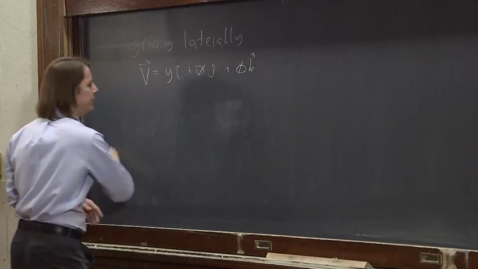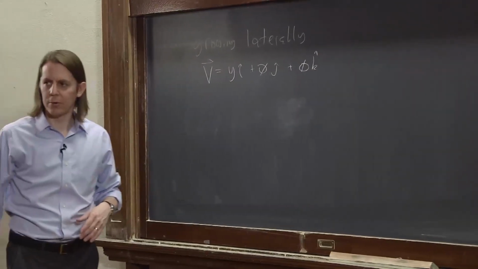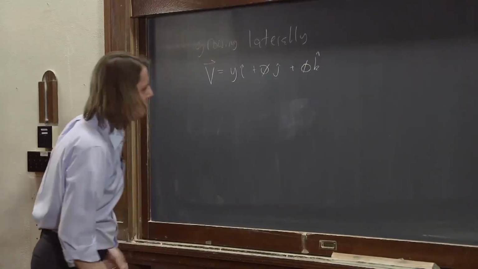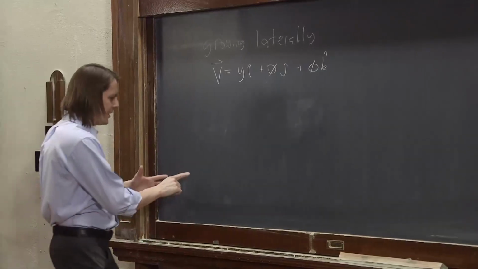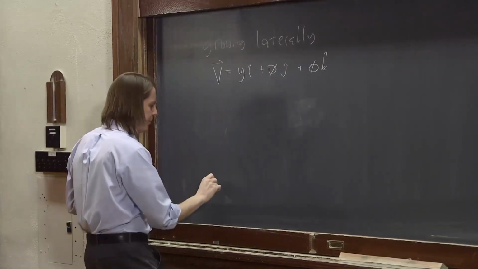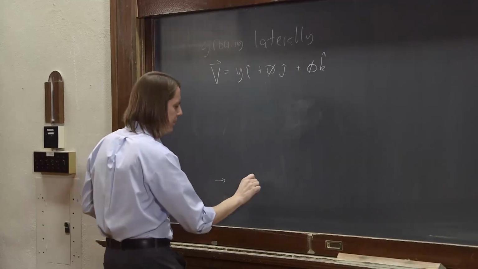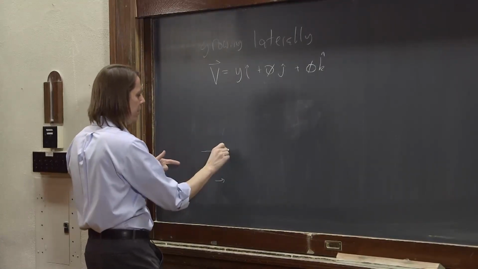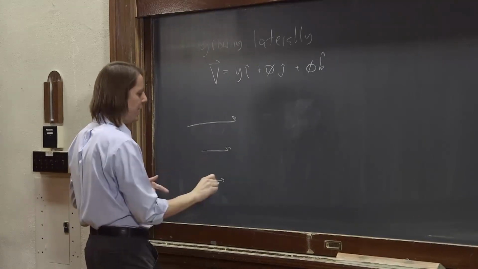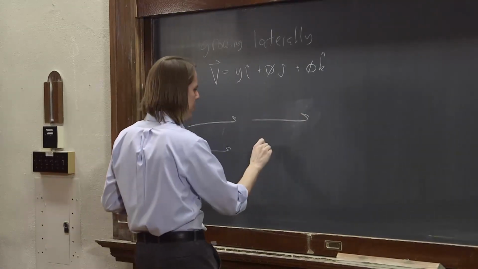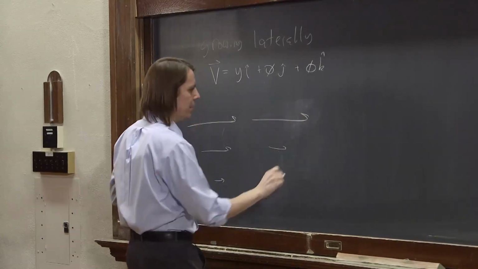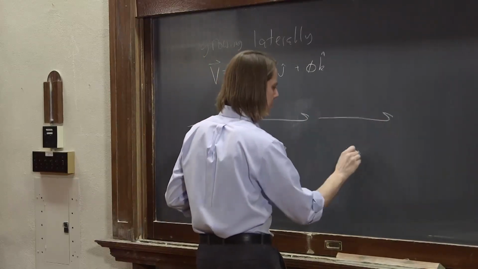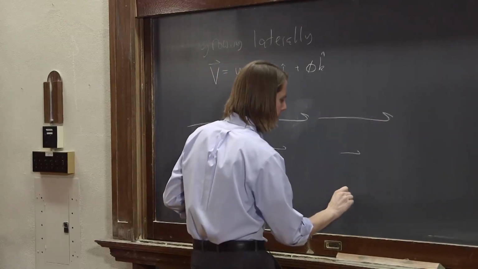This is probably the simplest field you can make that has some curl. So let's think, what would that look like? What we're saying is that the field still points in the x direction. Here's some little field vectors here. But as you go up in the y direction, they get bigger, like that. And there's another big one, but then they get smaller when you go down here. Another big one, they get smaller when you go down here.